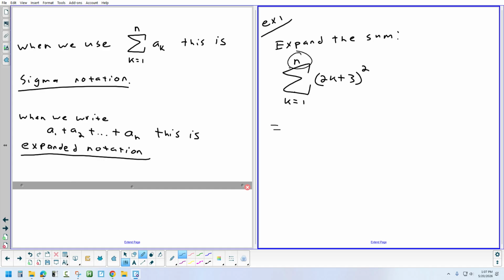Okay. So what do we get here if we plug in 1 for k? Yeah, 25. So there's your first term. How about if we plug in 2 for k? Yeah, 49.